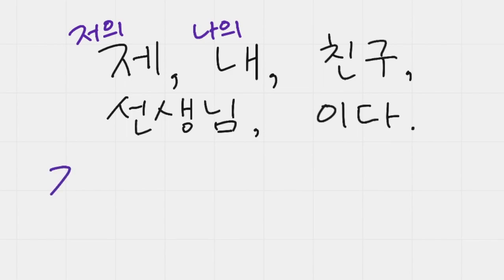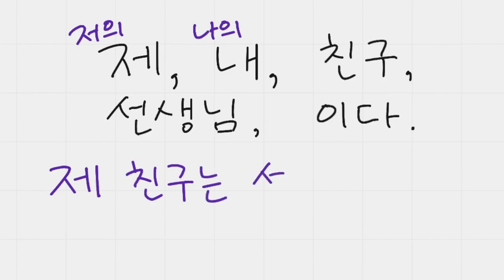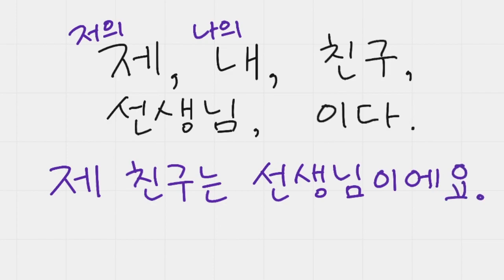So I'm gonna say 제 친구는, so my friend, 선생님이에요. 제 친구는 선생님이에요. My friend is a teacher. If this is in casual form, then you would say 내 친구는 선생님이야. So are you changing this to 내 친구는 선생님이야.